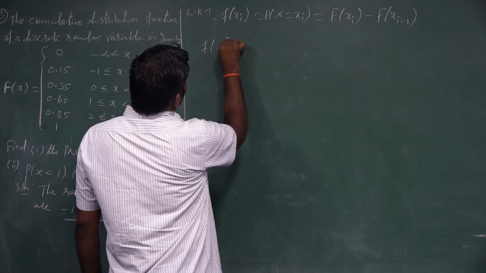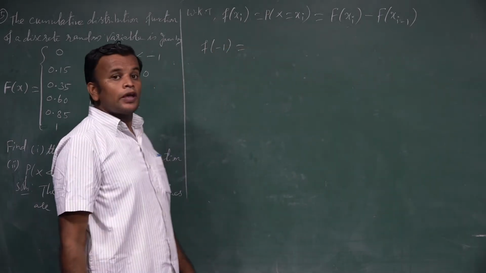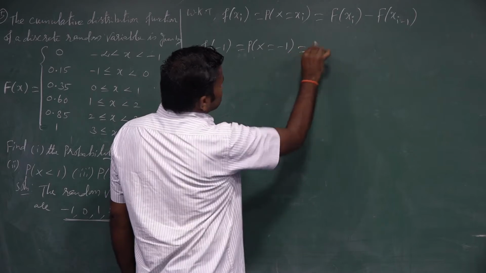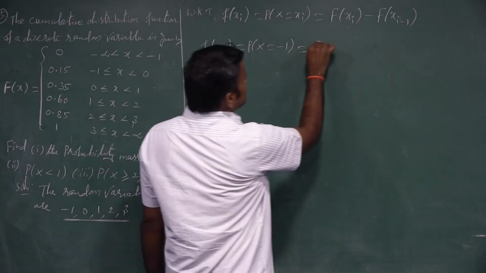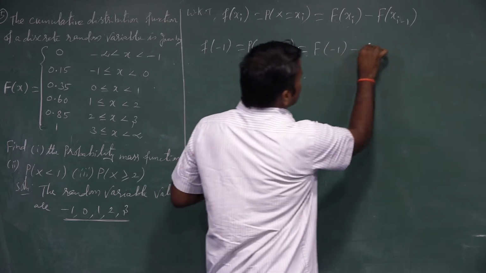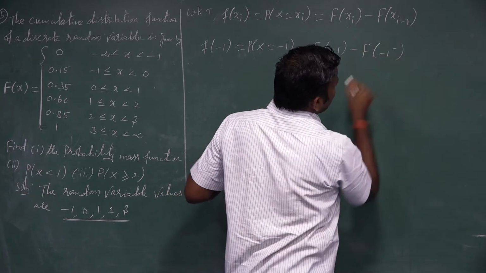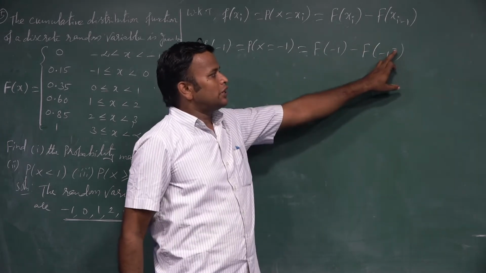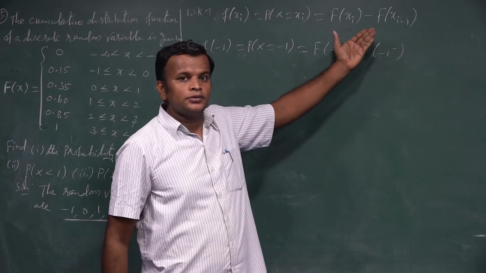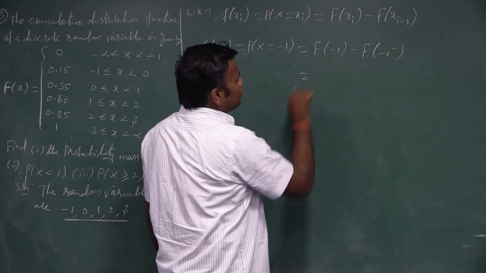So first we find f of minus 1. F of minus 1 is nothing but P of capital X is equal to minus 1, which is capital letter F of minus 1 minus capital F of minus 1 minus 1. What is the meaning of minus 1 minus 1? The previous value of minus 1. Okay, now we see the table.